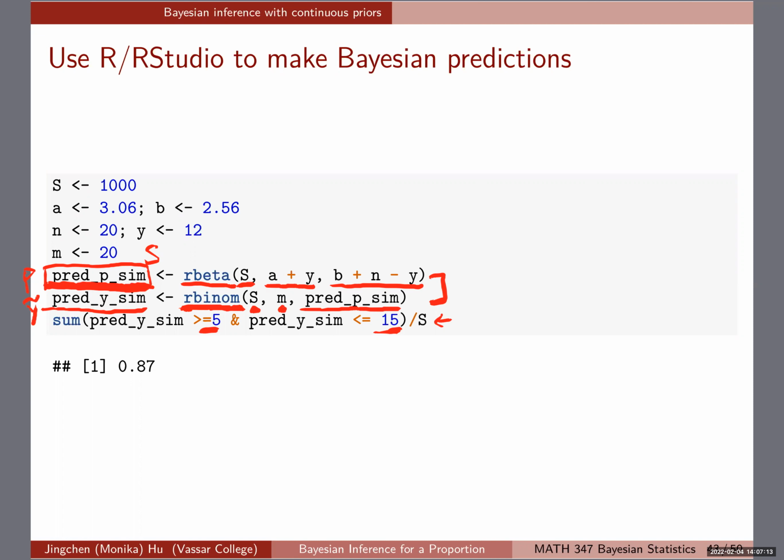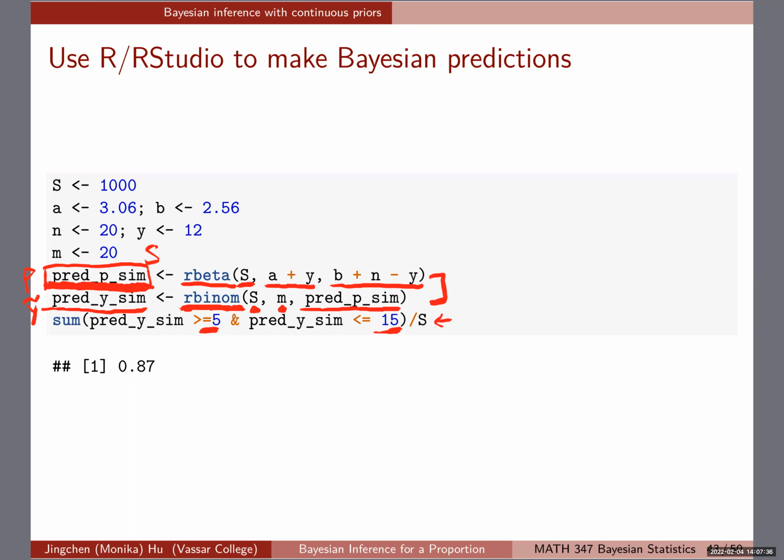You can think about the question as: what is the chance that when you give the survey to another 20 people, we have an 87% chance of having between 5 and 15 responses saying yes to preferring Friday. Kind of makes sense?